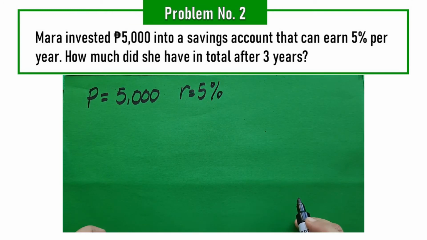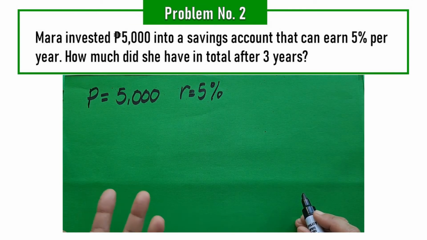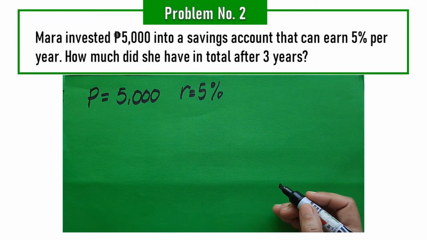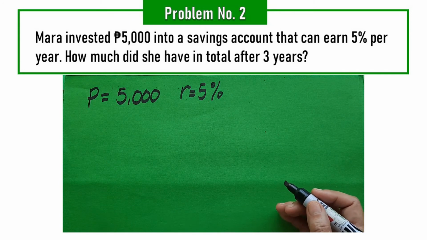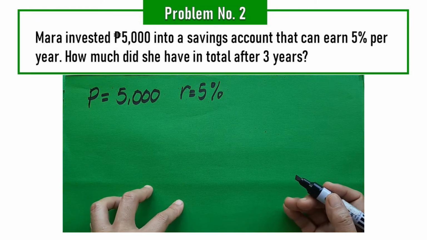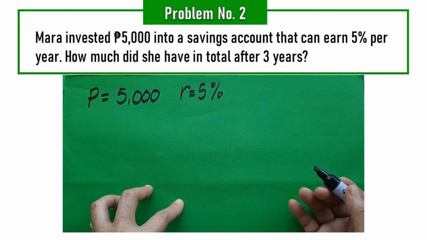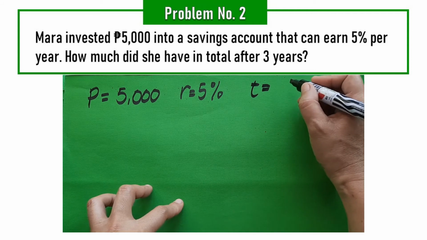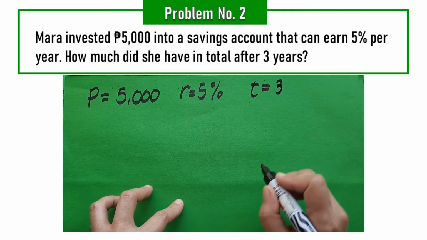Remember, we always say you can convert it to decimal, especially if you're using a calculator. But if you can compute it manually, then you can also convert it into a fraction. So, that can earn 5%. Another given information is term is 3 years.